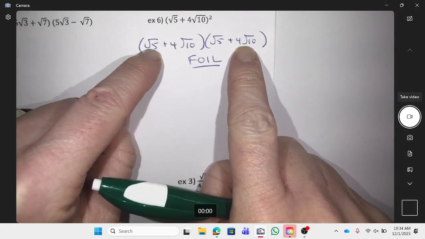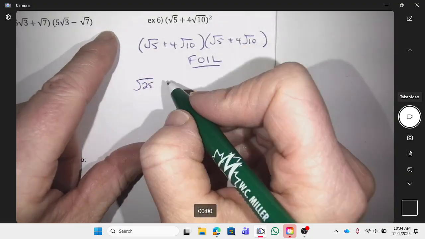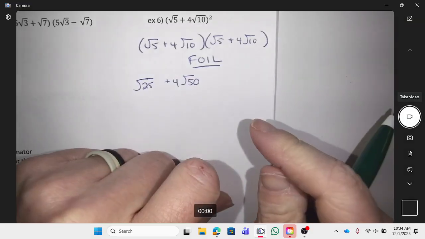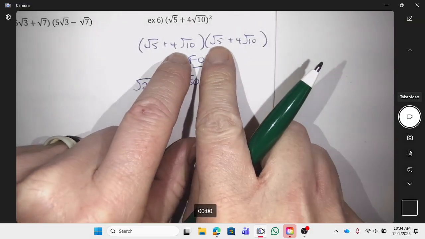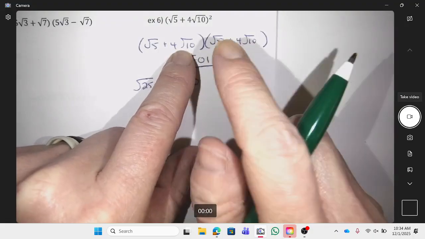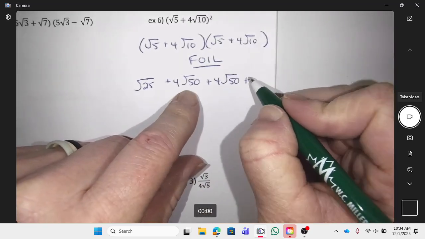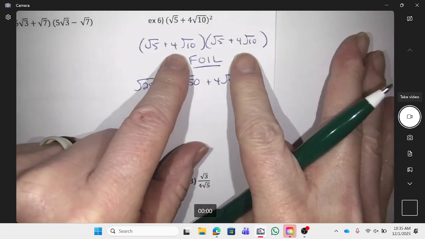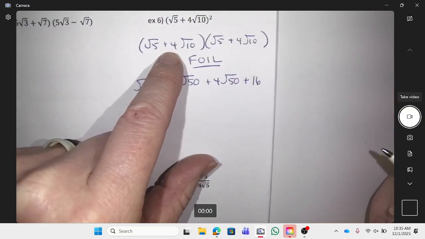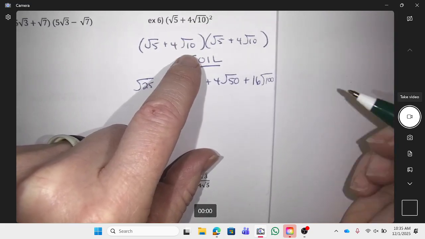Outside, there's a whole number 4, root 50. Insides, that's actually the same thing, right? 4 root 50. And the last, this has a 4 and a 4 again, so that's 16. Root 10 times root 10 makes root 100.